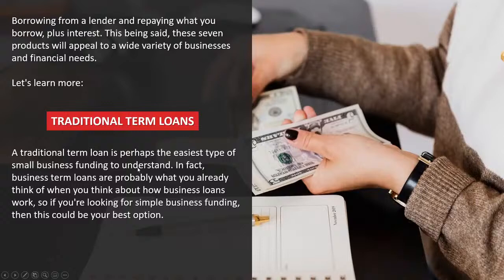A person borrows a particular amount of money at a certain interest rate and is required to pay it back over a certain time, or term, at a set payment amount. In essence, that's what we look at as a traditional term loan.